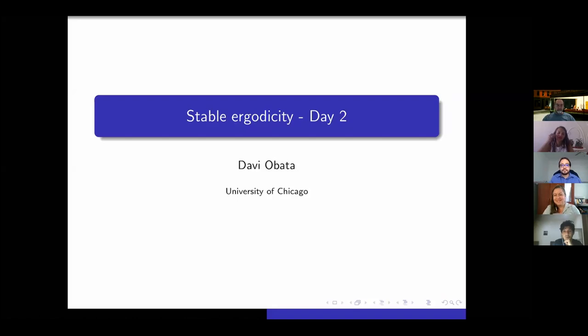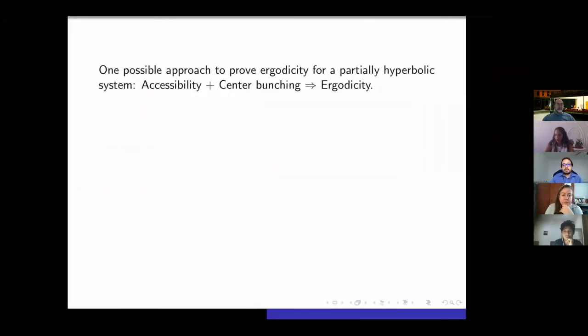So let's continue with our second day, talking about stable periodicity. In the first day, I talked a little bit about the Pugh-Shub program, their conjecture that among partially hyperbolic systems, stable ergodicity is the typical thing among volume-preserving partially hyperbolic systems. One idea to prove ergodicity of a partially hyperbolic system is to check accessibility.